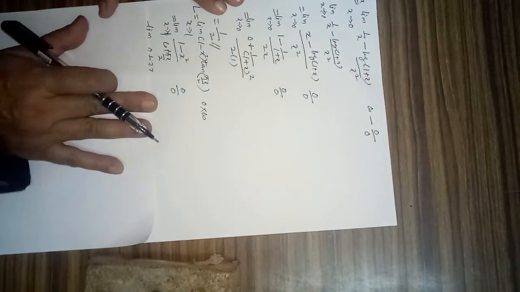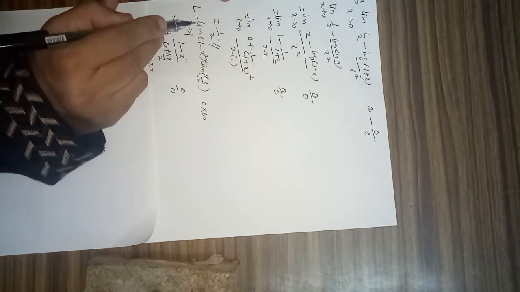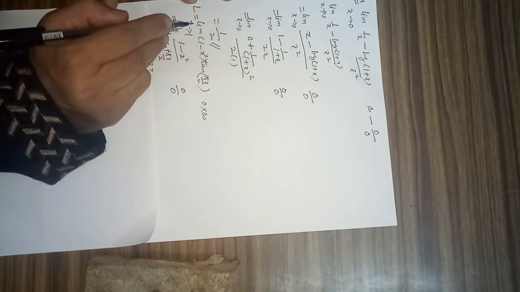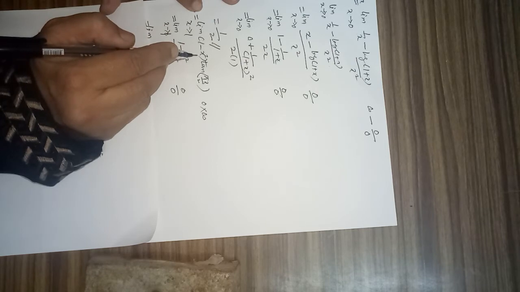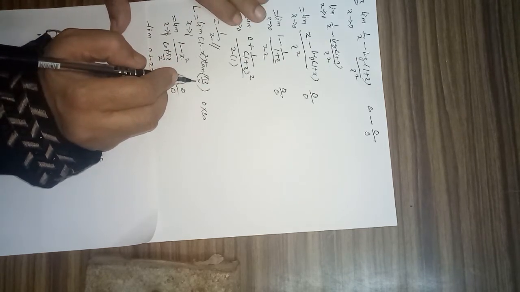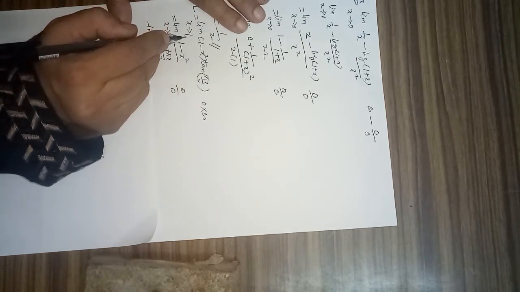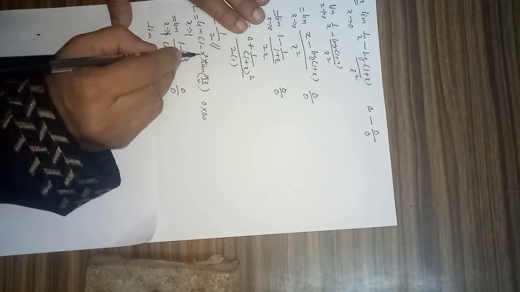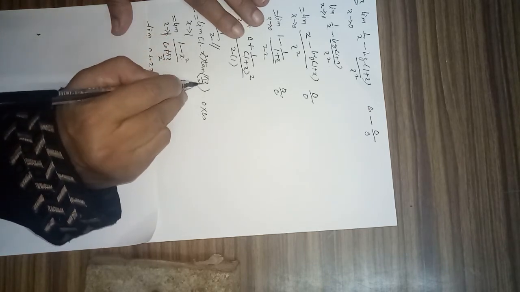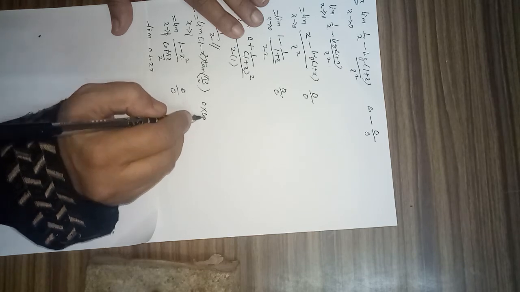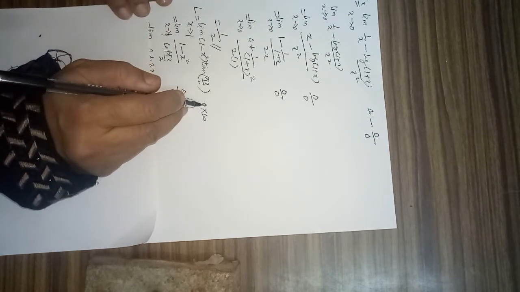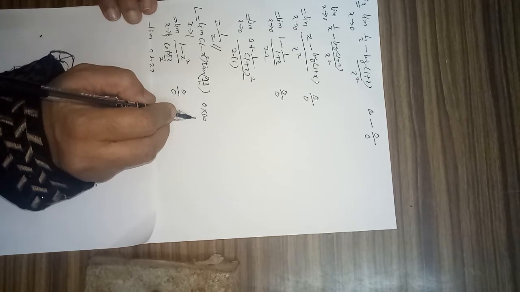Finally, another example: limit of 1 minus x square into tan pi x by 2 as x tends to 1. It is 1 minus 1, that is 0, and tan pi by 2, any odd multiple of pi by 2, is infinity. Therefore we have to reduce it to either 0 by 0 or infinity by infinity.